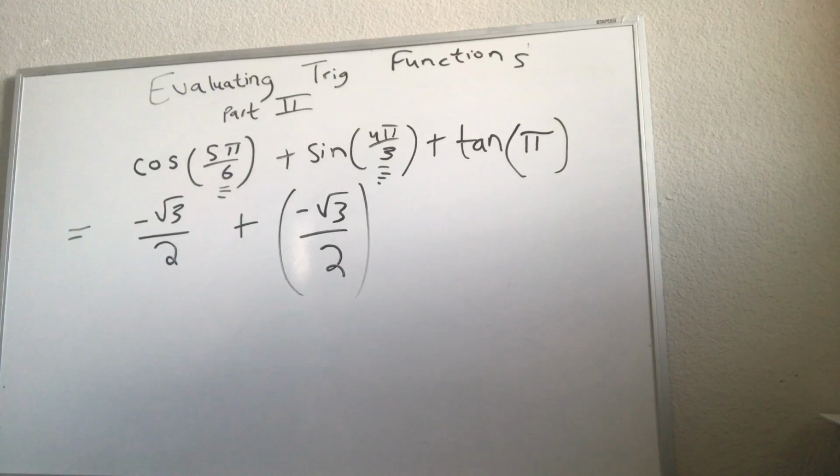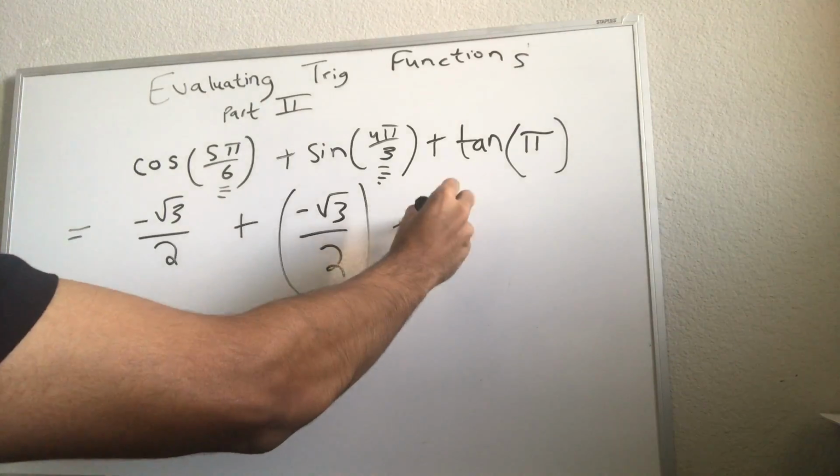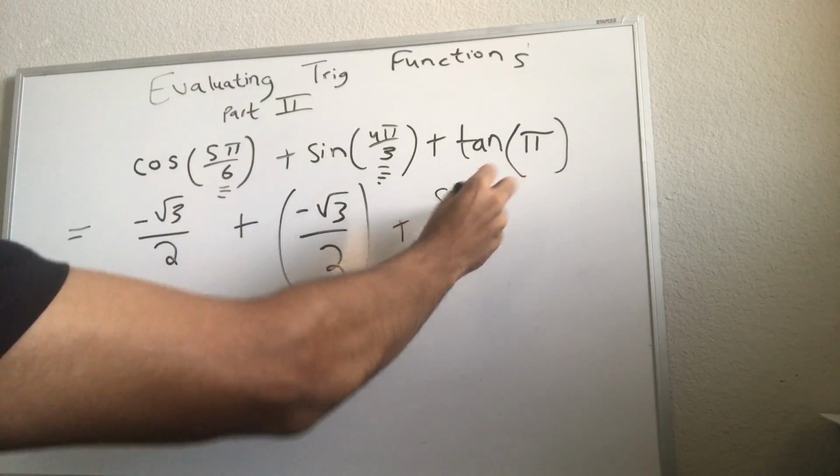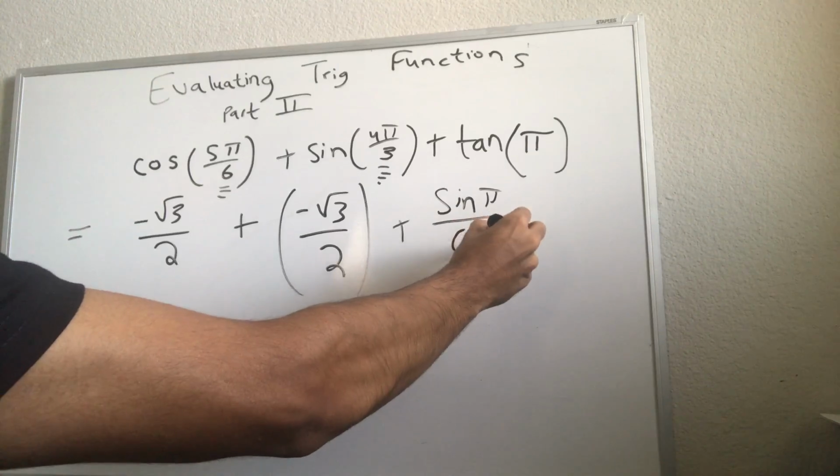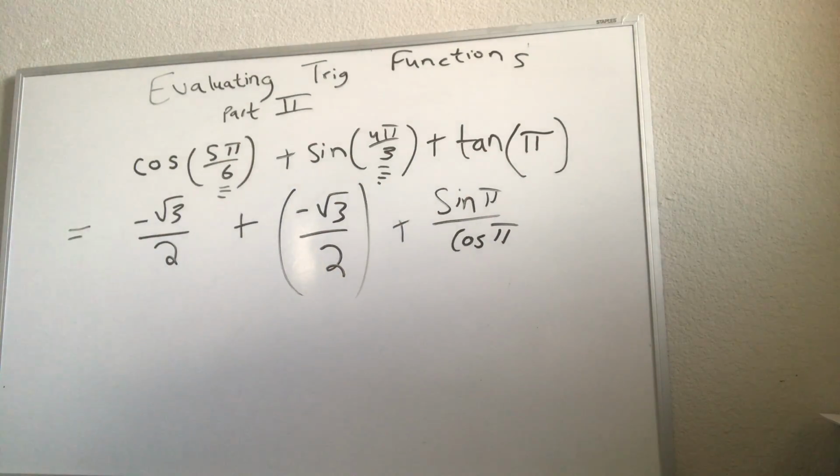Now looking at tangent of pi, so again we're not using our calculators here, but if you haven't memorized the values of tangent so far, what you can do is write this as sine pi divided by cosine pi. And if you get confused here, always draw a pictorial.